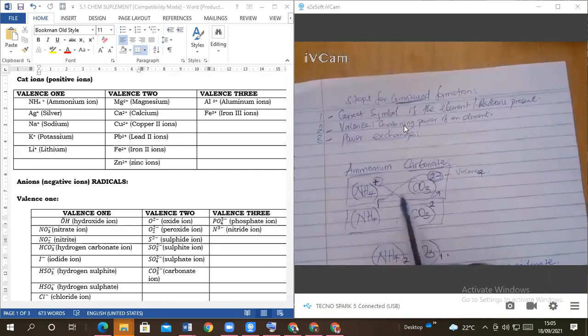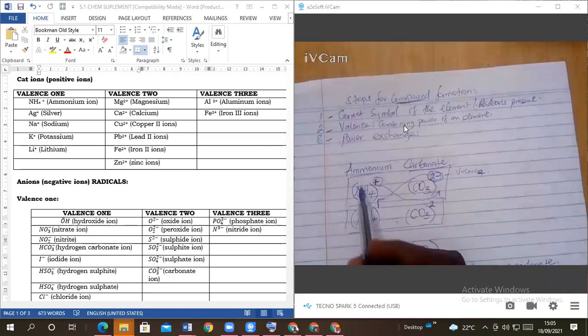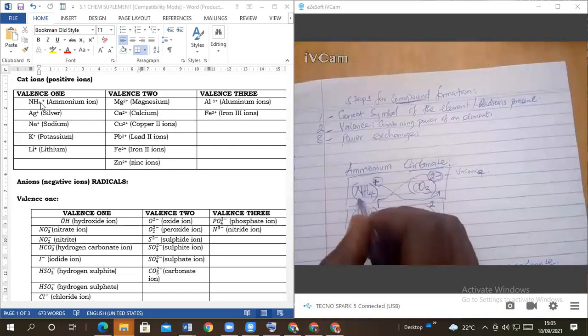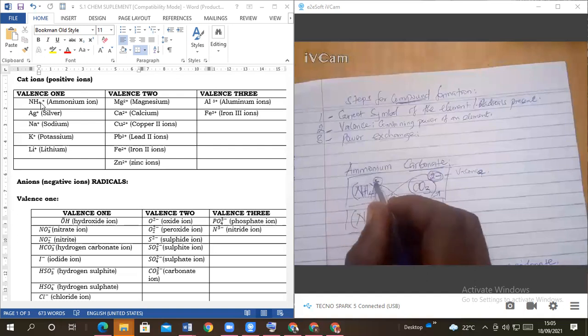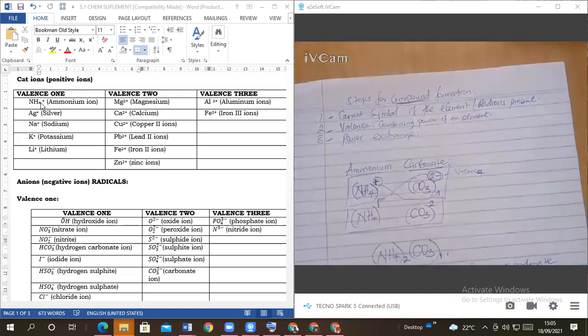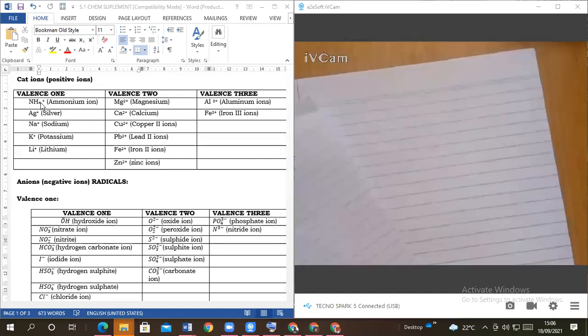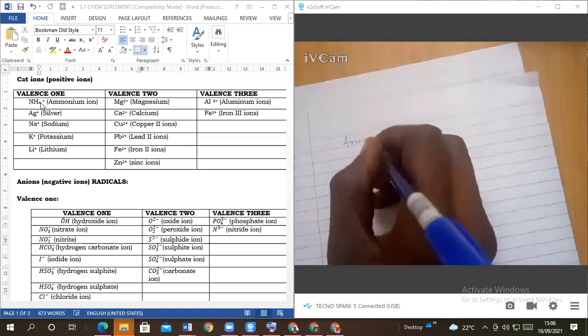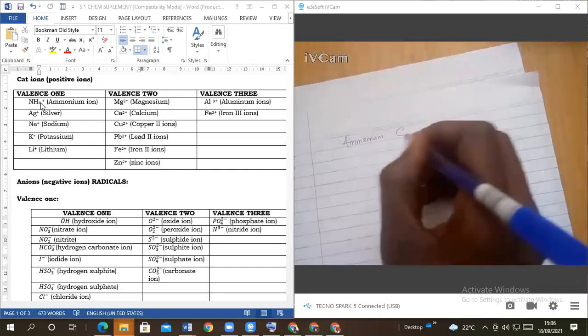An example, we looked at the formation of ammonium carbonate. Ammonium is NH4. If you look at it in the table, we have NH4 plus, it has valence 1. This is what we have written here, NH4 plus. Now, ammonium carbonate.